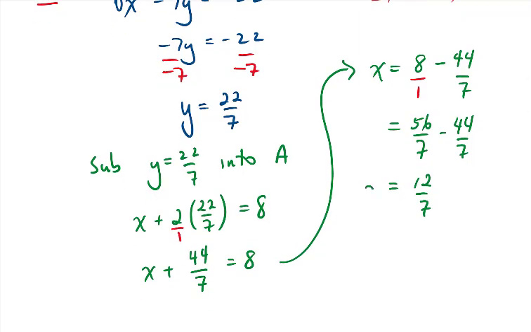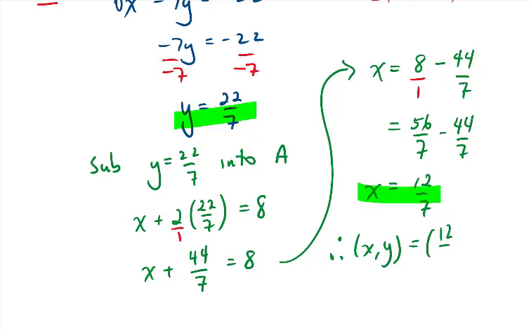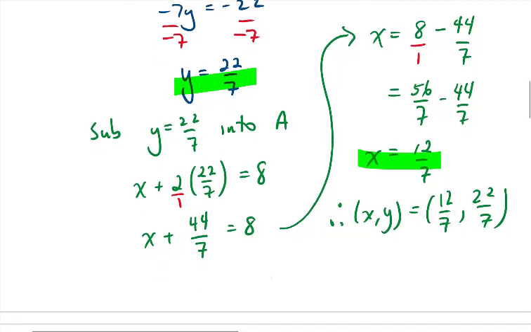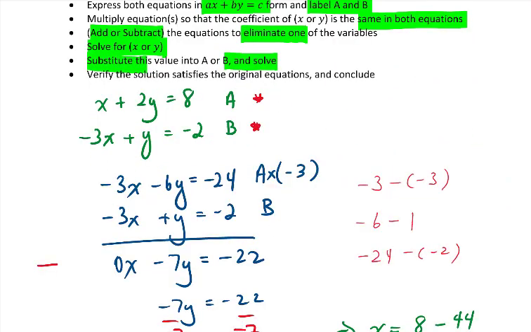So now we have the x value. We have the y value. So that means we know the point of intersection. Therefore, xy equals 12 over 7 and 22 over 7. The last step is to verify.